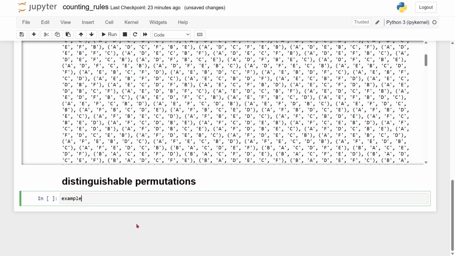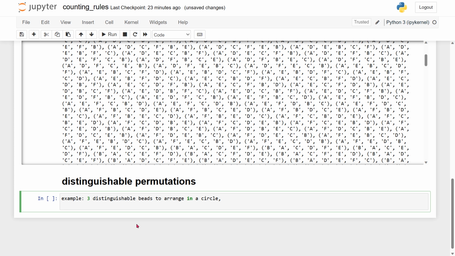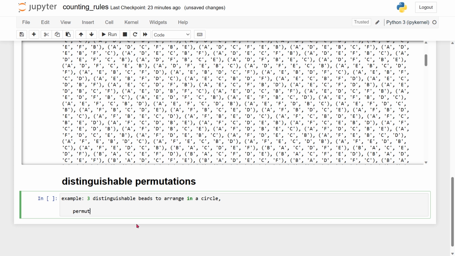three distinguishable beads to arrange in a circle. Then the question is, the total number of permutations is equal to 3 factorial, which is 3 times 2 times 1, equal to 6.